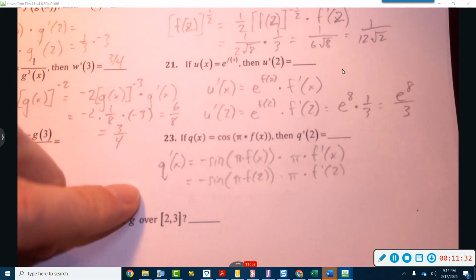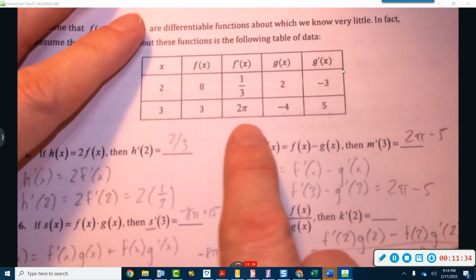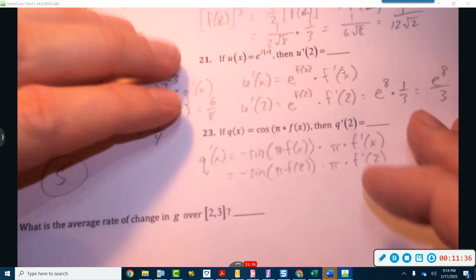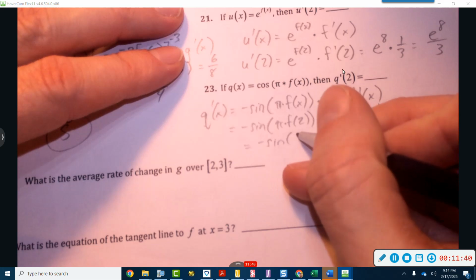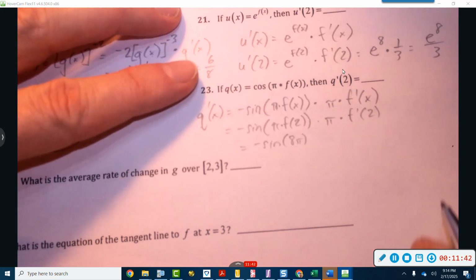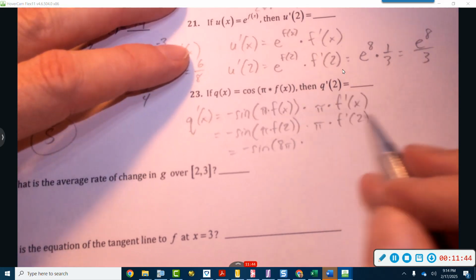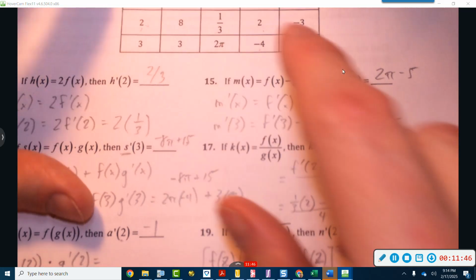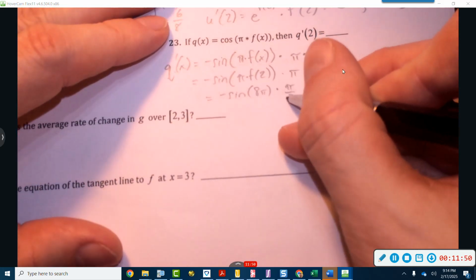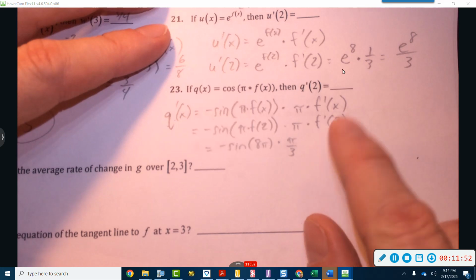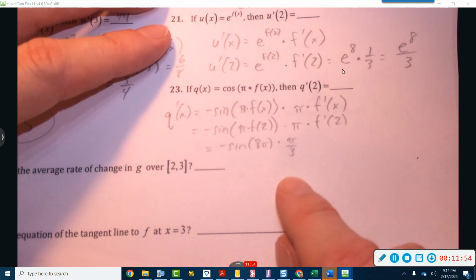Let's figure out what f of 2 is first. That's 8. So this is negative sine of 8 pi. We'll figure that out in a second. And then f prime of 2 is, I believe, yep, 1/3. So we're going to get times pi over 3. 1/3 times pi is just pi over 3.